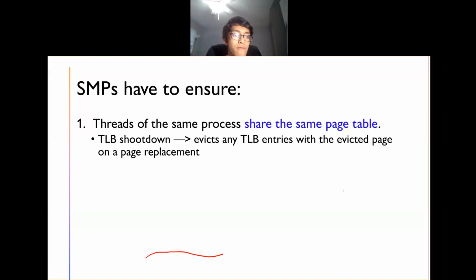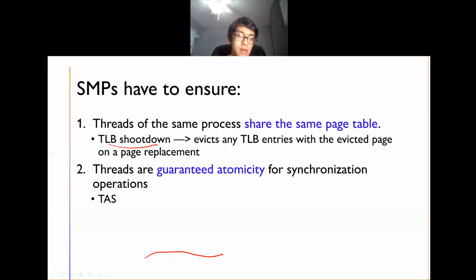This can be easily achieved with a function called a TLB shootdown. Meaning whenever we want to evict a page, we evict any and all TLB entries for that page in any threads. Number two, it has to guarantee atomicity, and this is solved by test and set, which we have discussed a few minutes ago.